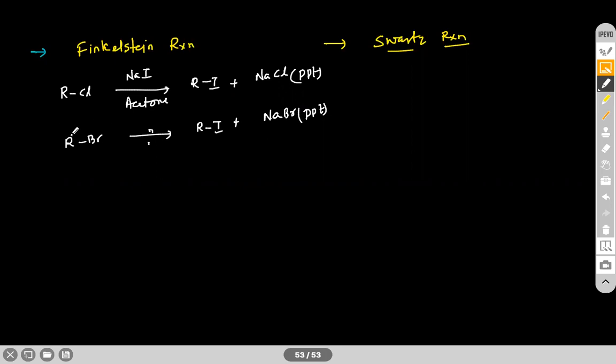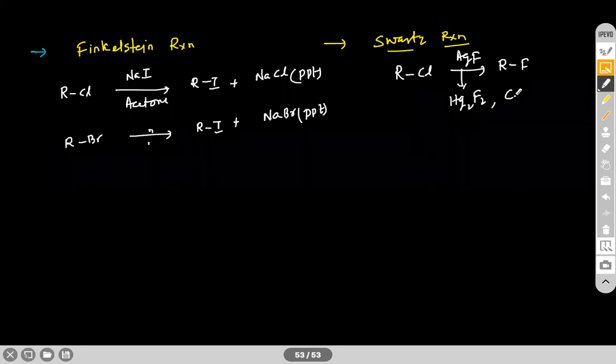But the carbon fluorine bond is very difficult to break because the size is small, bond strength is very high. So for fluoride, we use the Swarts reaction, which is this: RCl, and we use some fluorinating agent. AgF we can use, which gives you RF. The other reagents are Hg2F2, we can also use for this purpose.